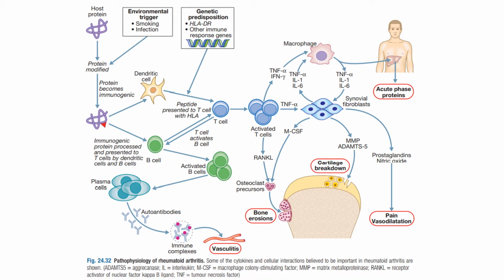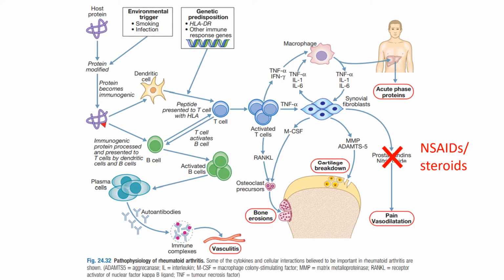The immune system recognizes them now as foreign, and then T cells proliferate and produce TNF alpha, which is a main driver of inflammation, and B cells proliferate and get activated, produce plasma cells, and cause antibody production, causing rheumatoid factor and ACPA antibodies.